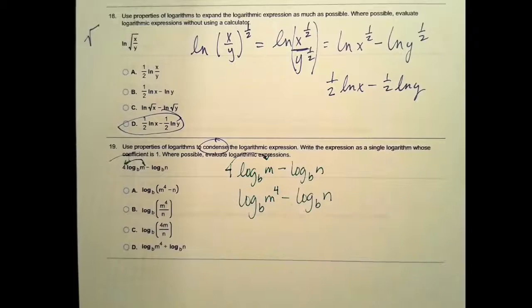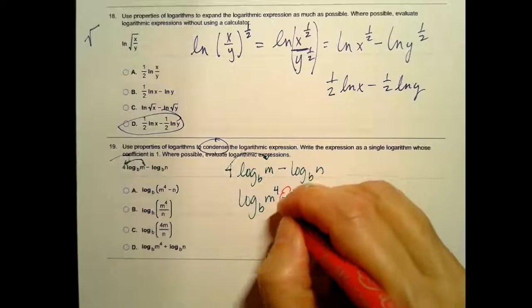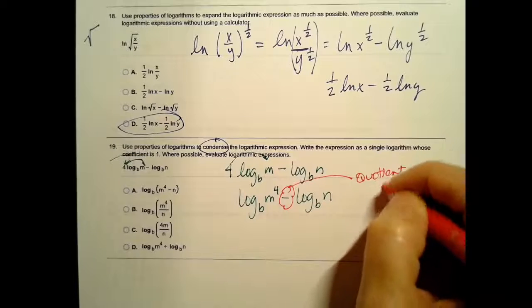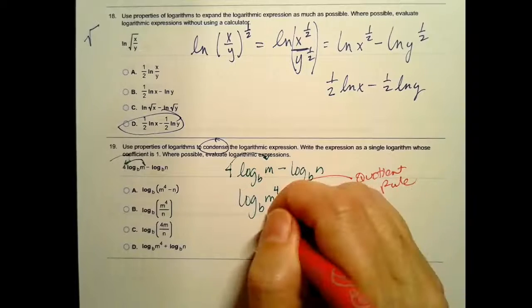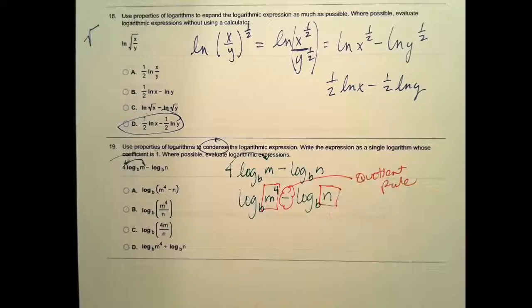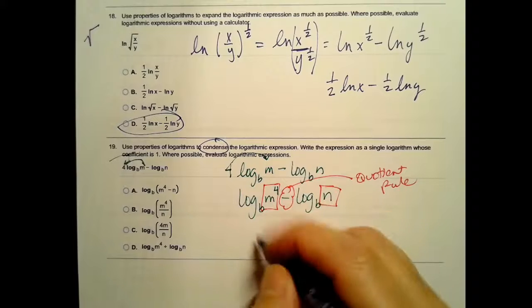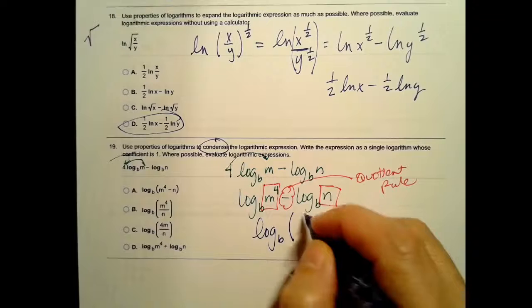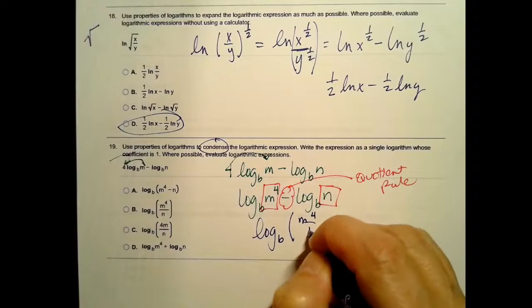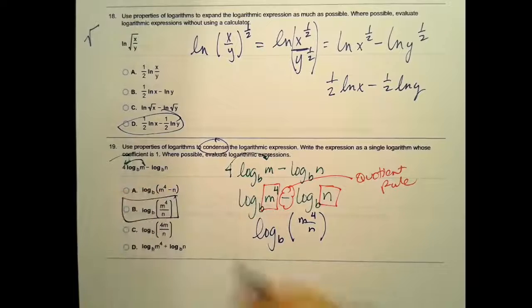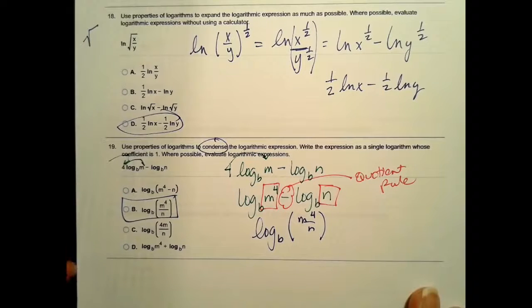If it was a subtraction right here, that meant it was the quotient rule. So then I take this guy right here over this guy right here. I make a quotient or a fraction. So that will give me log base b, and then my quotient would be m to the 4th over n. And that is your final answer. And that is B.